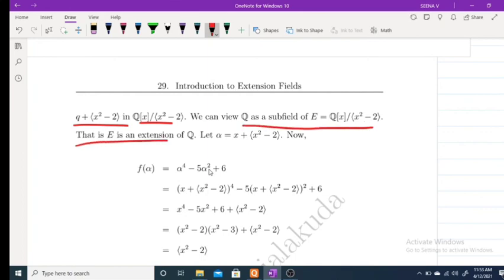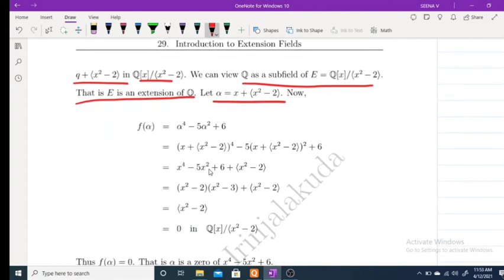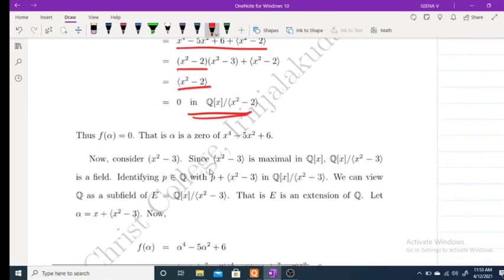That is, this is an extension field of Q. Now let alpha equal x plus the ideal generated by x square minus 2. Substituting and expanding in f(alpha), we get x square minus 2, which is equal to 0 in Q[x] over the ideal generated by x square minus 2. Thus we get f(alpha) equals 0, that is, alpha is a zero of this one.